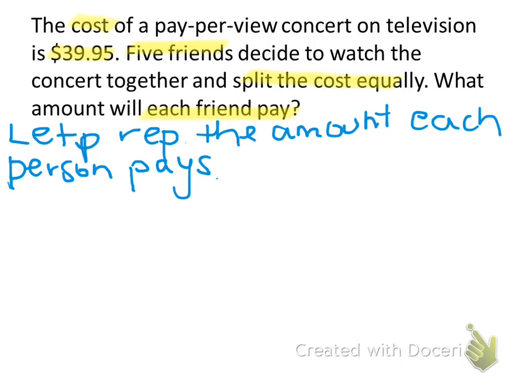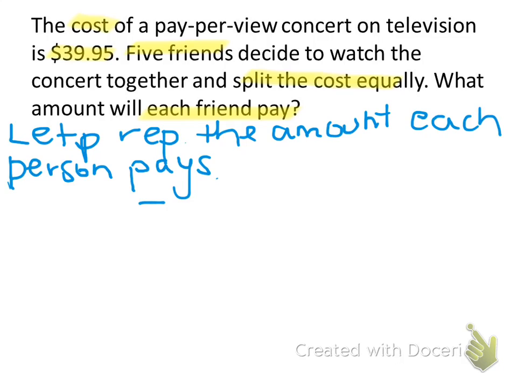Now we have to do our next step, to make an equation. When I'm thinking about this, I think about what my P represents, and I know at the end I want to get P equals something. In this case, 5 friends pay this amount P, and 5 times that amount P should give us $39.95 because they split it equally.